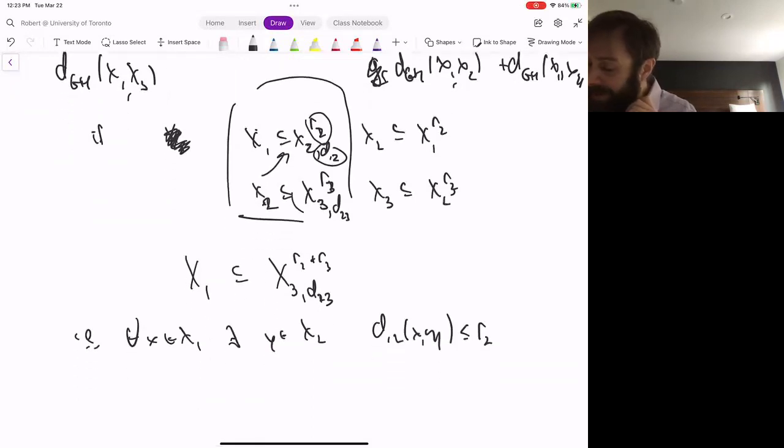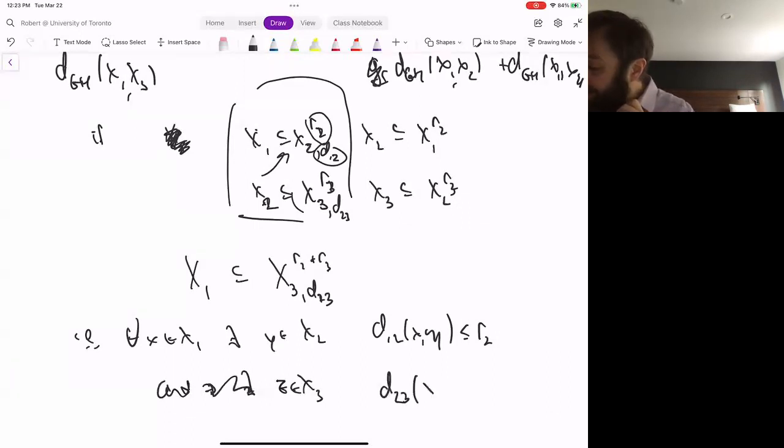And now given y, there exists z in x3 with d2,3 of yz less than R3.